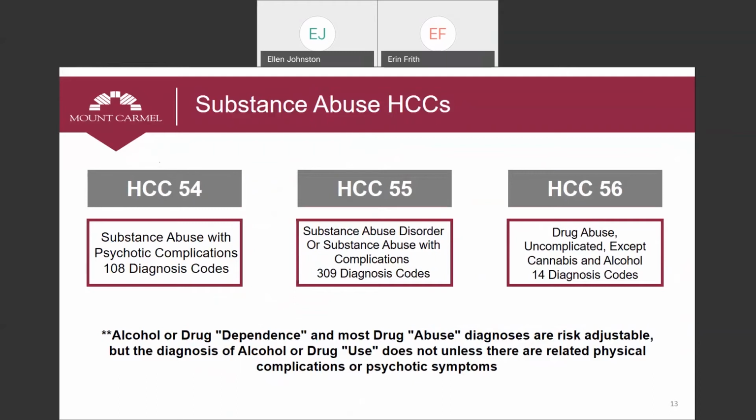Noted on this slide, alcohol and drug dependencies and most drug abuse diagnosis codes are risk adjustable, but the diagnosis of alcohol or drug use does not risk adjust unless there are related physical complications or psychological symptoms. As always, the code selection should be based on what is most accurate for the patient and the patient's current status, not on the basis of risk adjustment.